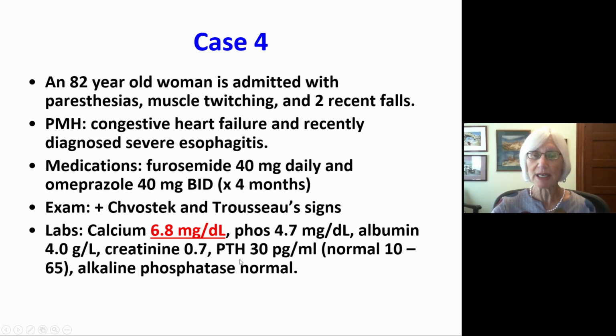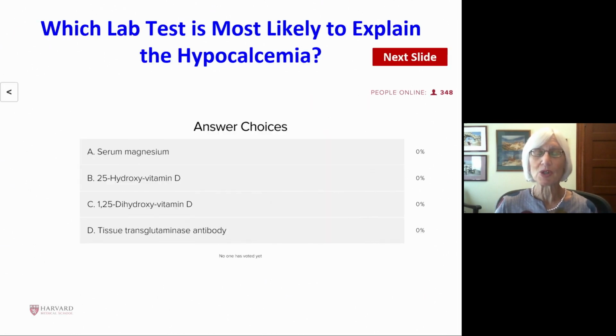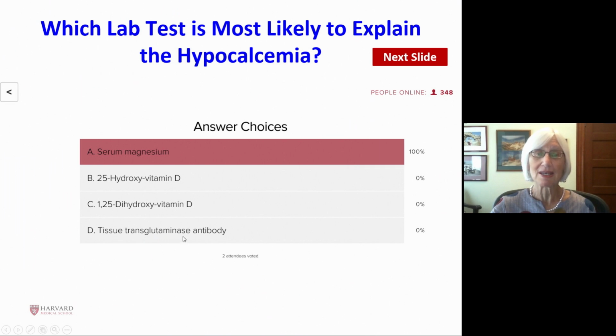Albumin is normal, renal function is normal, PTH is normal at 30, and her alk phos is normal. So your last question: which lab test is most likely to explain her hypocalcemia? Would it be serum magnesium, 25 D, 1,25 D, or a TTG antibody for celiac disease?